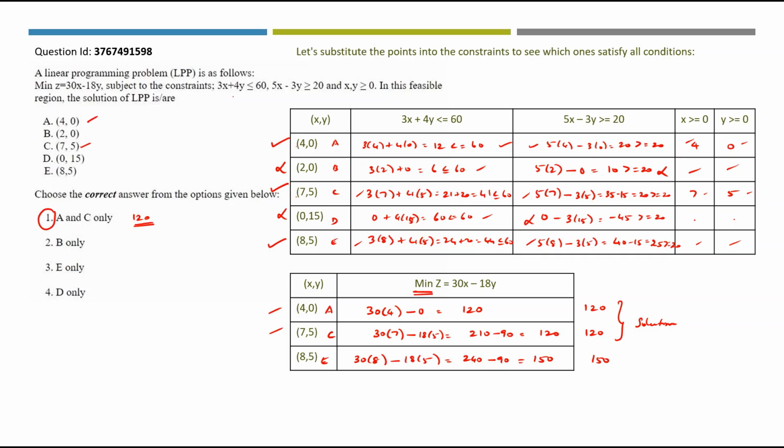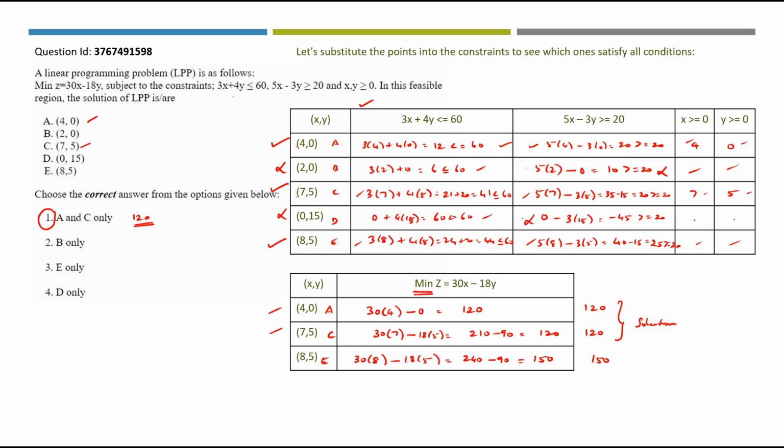So without getting into graphical method or simplex method, you can solve this problem in this way. Why shouldn't we take all the points into z is equal to 30x minus 18y directly? Just substitute 2, 0 in this minimization function. 30 into 2 will give you 60. Comparing 60 and 120, you have 60 to be the minimum value.